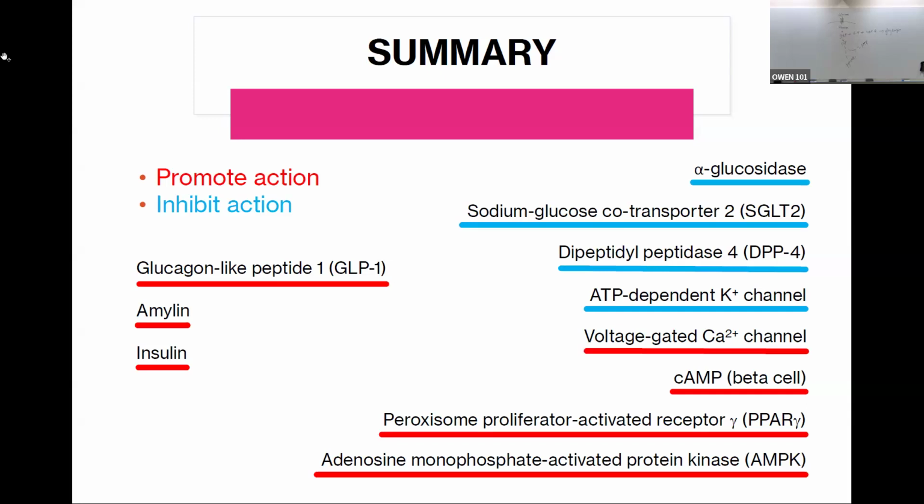So glucagon-like peptide, GLP-1, amylin, insulin, all those things are good for diabetic patients, all right? So for this, we have inhibitors of alpha glucosidase enzyme. We have DPP4 inhibitors, right? We discussed where DPP4 is operating. Basically, they would destroy GLP-1 or GIP.